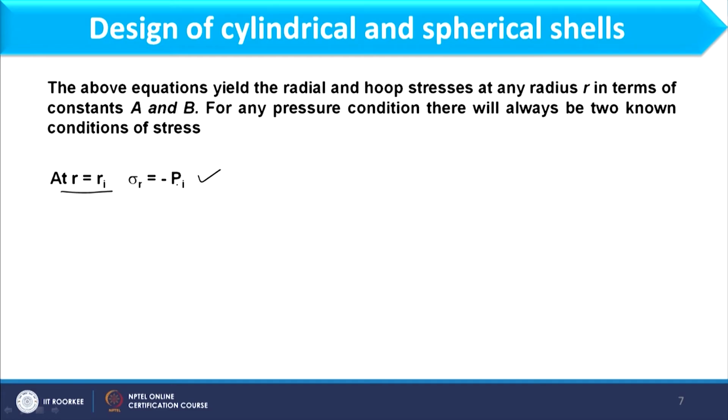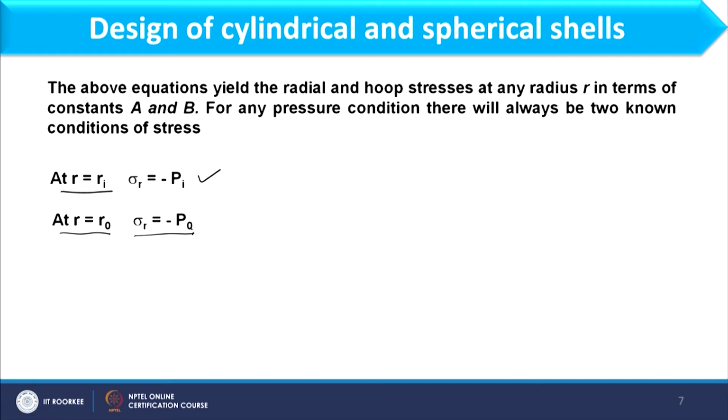Now why is it minus pi? Because the direction of sigma r and the pressure are opposite to each other. Further, when r equal to r naught, sigma r will be equal to minus p o, that is, the external pressure.